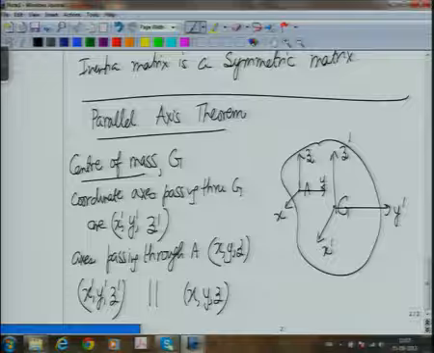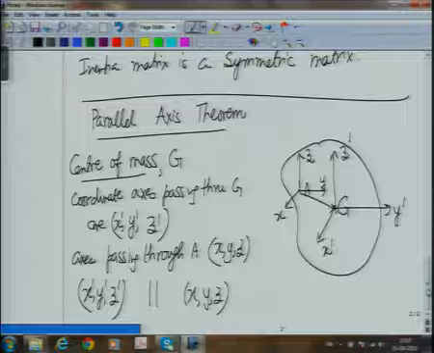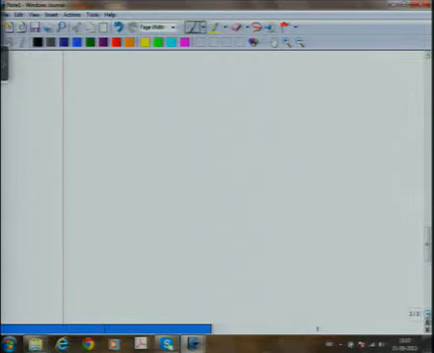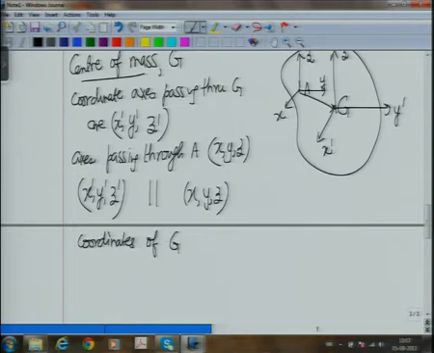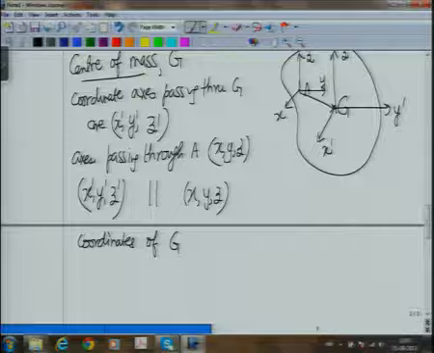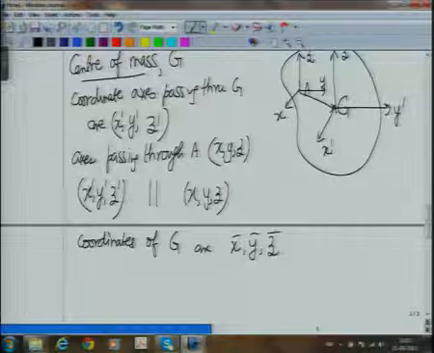The coordinates of the point G, that is the center of mass, are x bar, y bar and z bar.